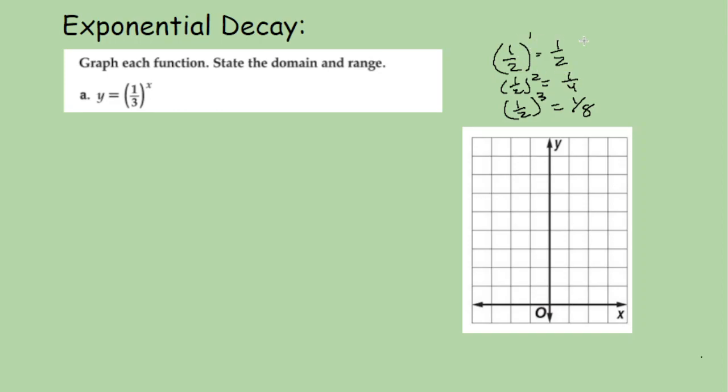So as the exponents get bigger and bigger, your output gets smaller. As x increases, y decreases.